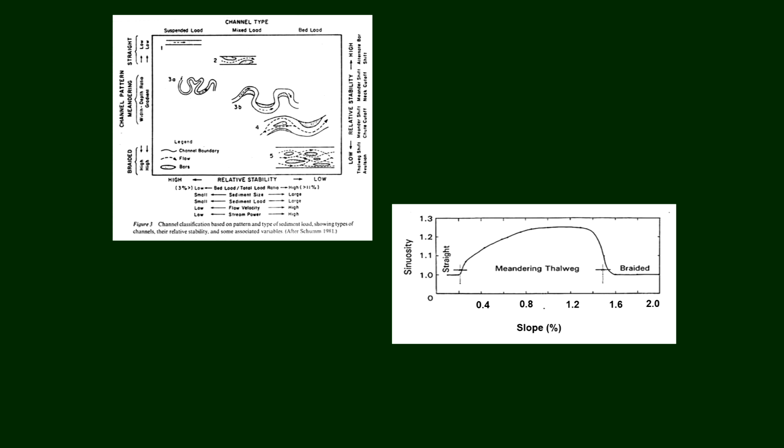One was about the channel pattern, which has been given by Schumm from 1 to 5, and then about the sinuosity and its relation with the slope. So, again I would like to emphasize here that at initial stage, the river bed is subjected to uplift or subsidence in terms of the tectonics.